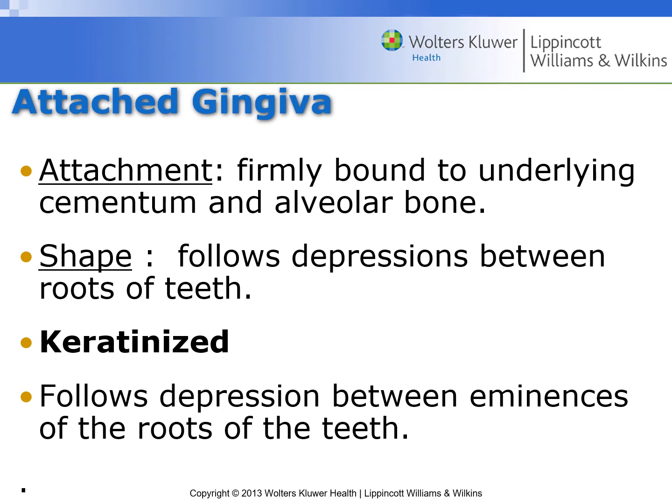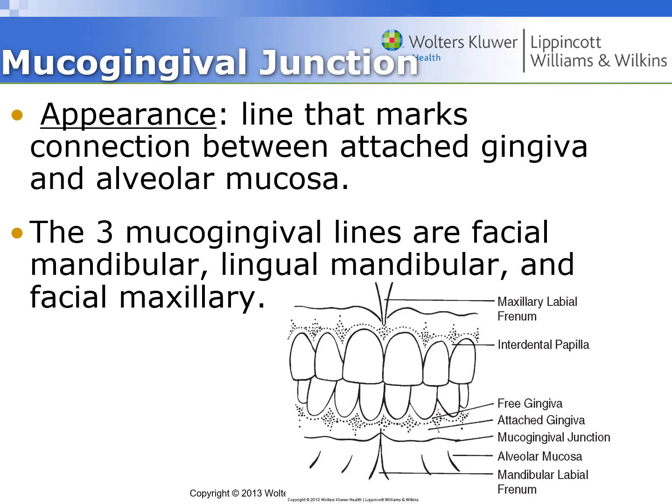Now the mucogingival junction is a line that marks the connection between the attached gingiva and the alveolar mucosa. Alveolar mucosa is all of this in here. It's soft. If you pull your lip completely out and stretch it, you'll find a part that's attached right here with the attached gingiva, and then you find this part that is not attached.